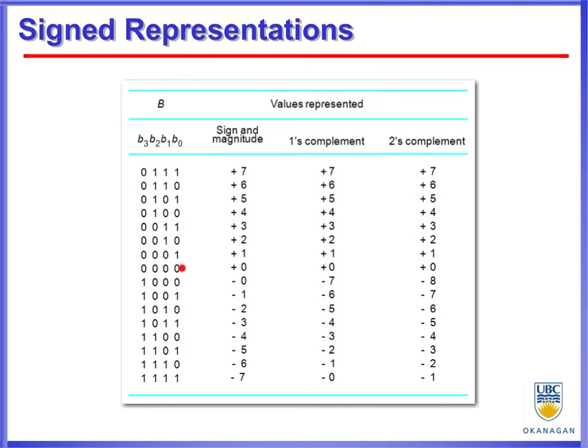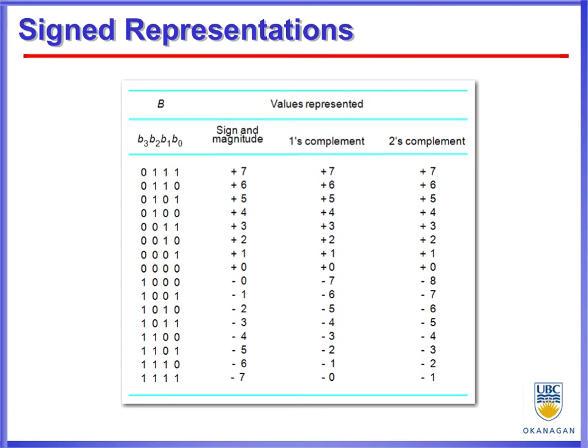We actually have 2 different binary patterns that both mean 0. And then negative 1, negative 2, negative 3, negative 4, negative 5, negative 6, and negative 7. Okay, so that's sign and magnitude. So it doesn't look too bad, except that we've got 2 zeros here.